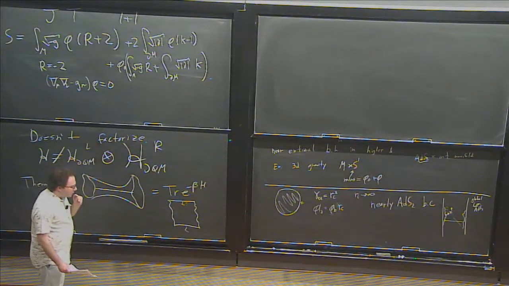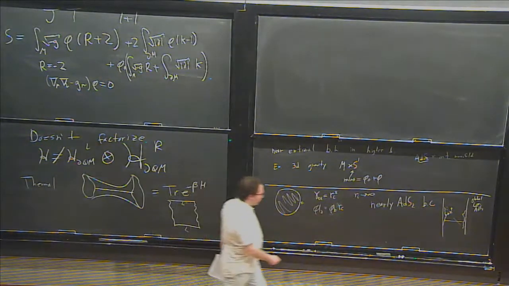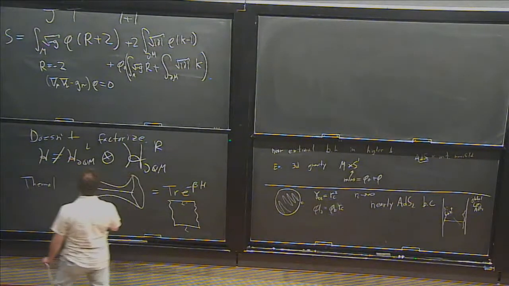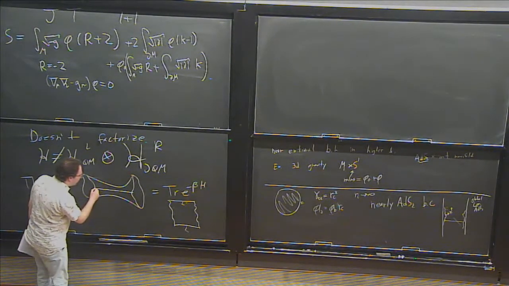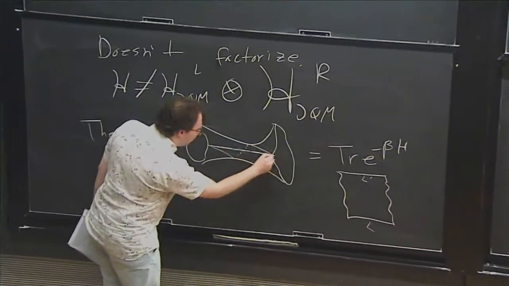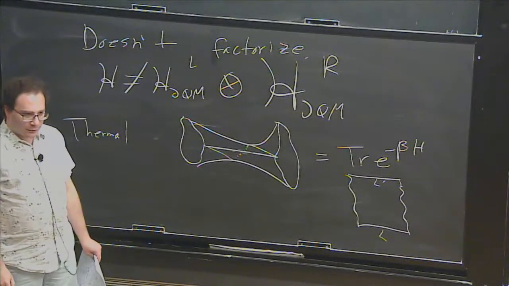No, but the point about the marked geodesic is the following. If I look at this double trumpet as the Euclidean manifold, I can find another geodesic that connects the same two boundary points, okay?